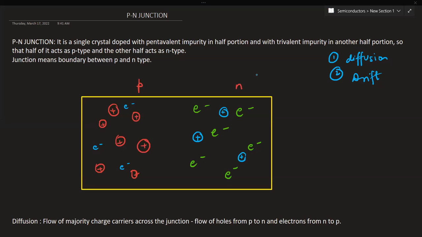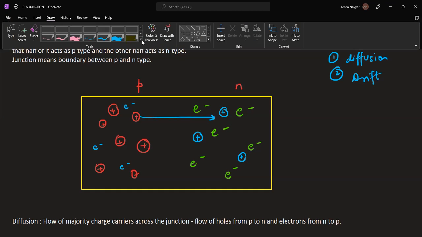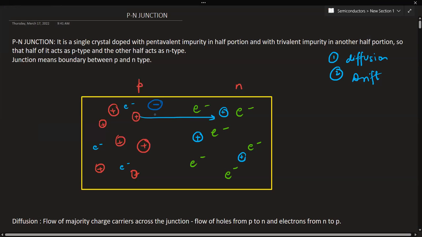Now see, as holes diffuse from the p side to the n side, what will happen? The deficiency of holes will create a negative acceptor ion. Obviously, as the holes diffuse from p to n side, they leave behind negative acceptor ions, which set up a layer of negative charge or negative space charge region.